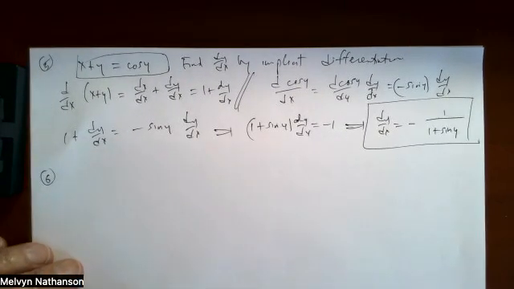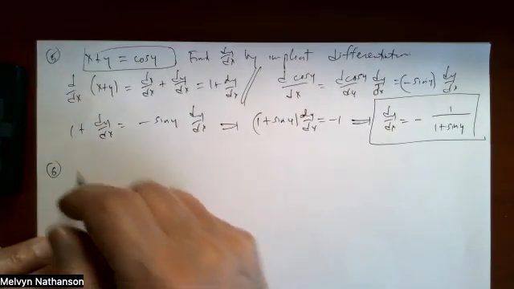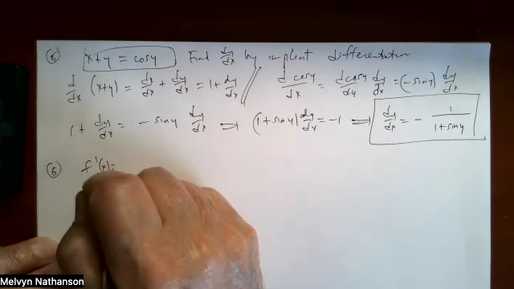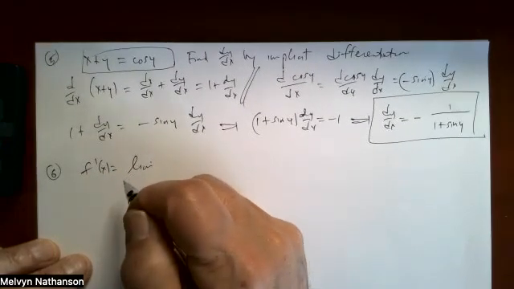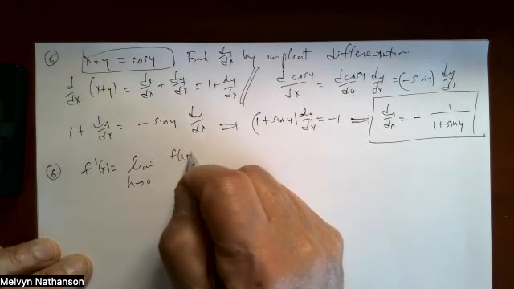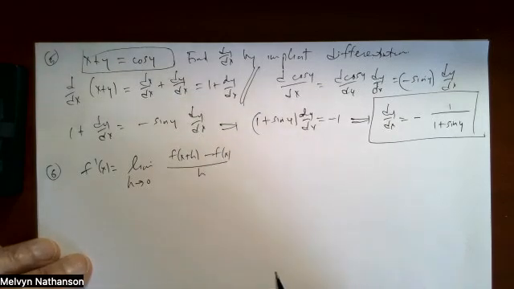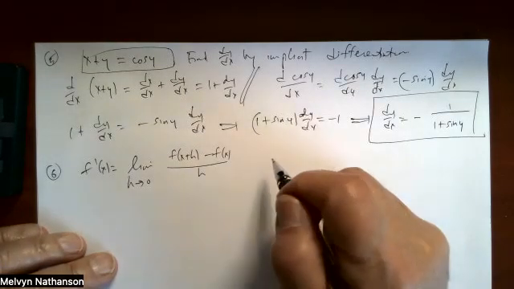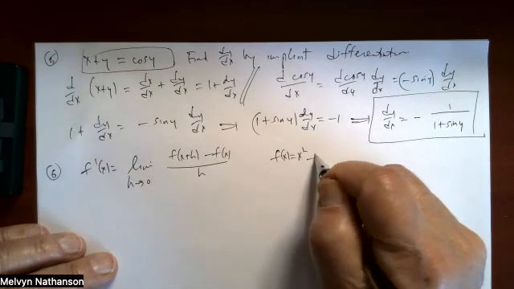Problem 6 is to use the definition of the derivative. What is the derivative of a function at x? It's the limit as h goes to 0 of f of x plus h minus f of x over h. And we want to use the definition of the derivative to compute the derivative of f of x equals x squared minus x.